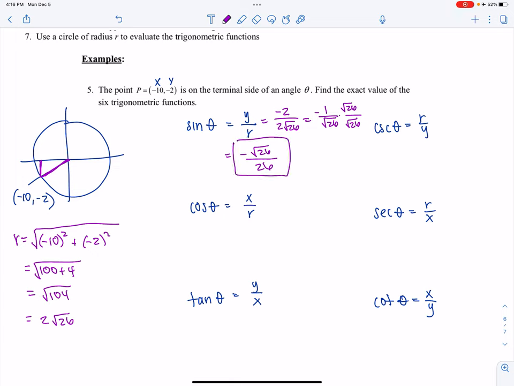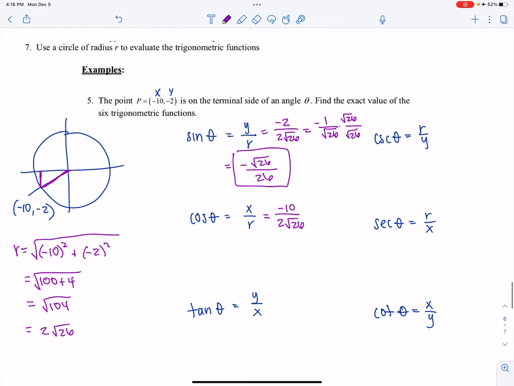Okay, cosine is x over r, so this is -10 over 2 root 26, which reduces to -5 over root 26. And we multiply by root 26 over root 26, which gives us -5 root 26 over 26.